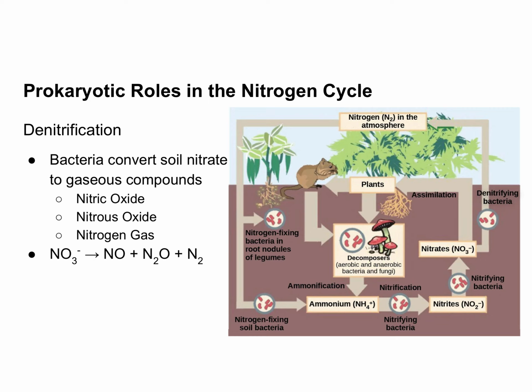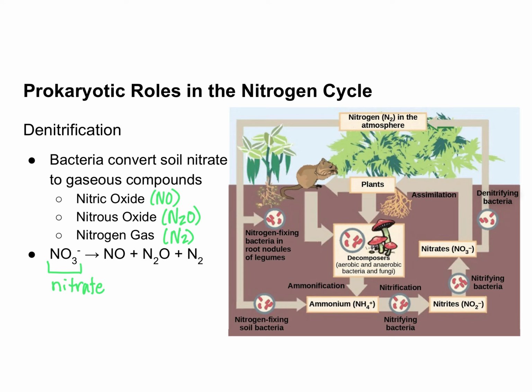During denitrification, bacteria convert soil nitrate into gaseous compounds, which might include nitric oxide, the NO, nitrous oxide, the N2O, or nitrogen gas, N2. And this NO3 negative, this is the nitrate.